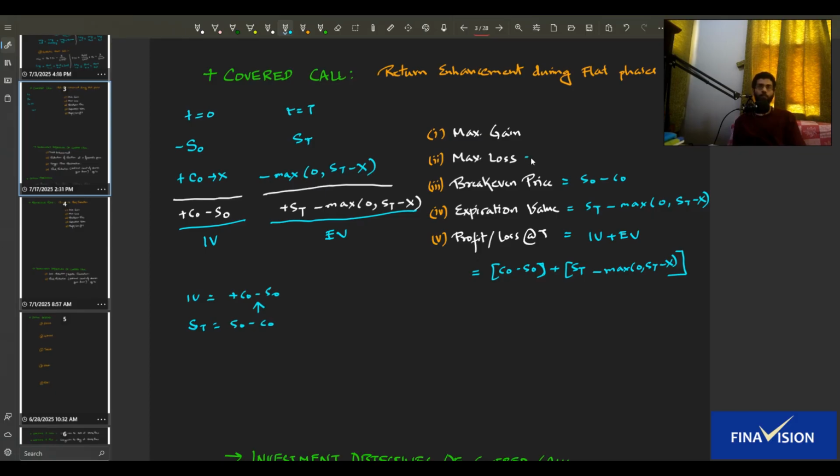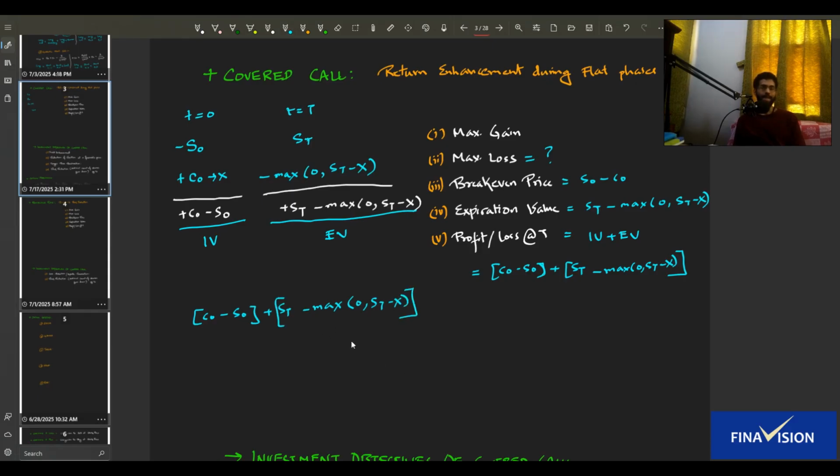Now what is the maximum loss? This is another question. Maximum loss happens when the stock price goes down to 0. Let me write down here. The profit or loss is given as C0 minus S0 plus ST minus max of 0 or ST minus X, right?